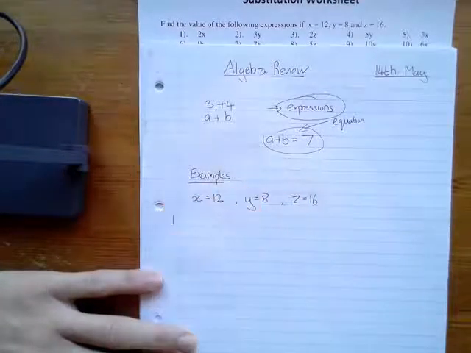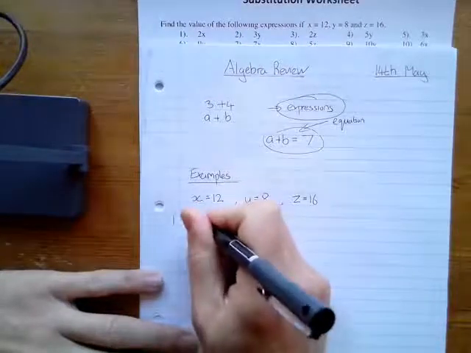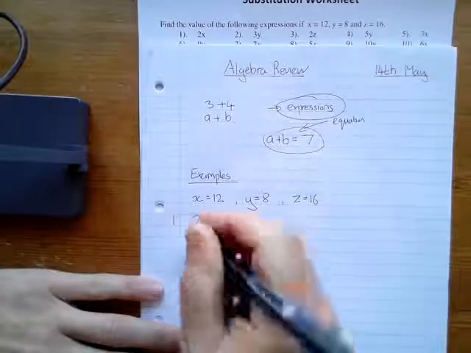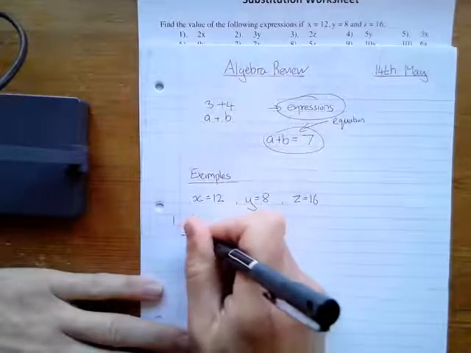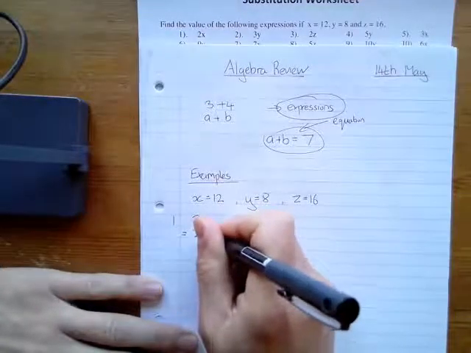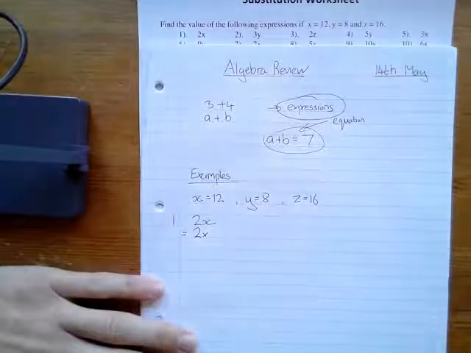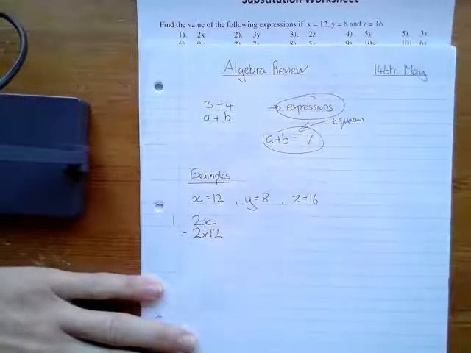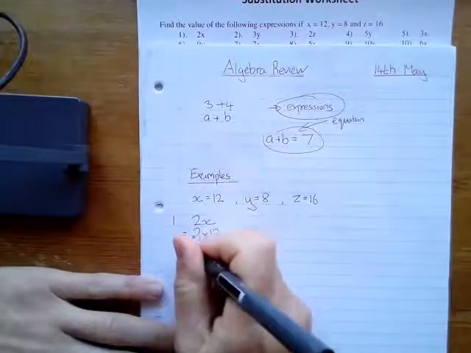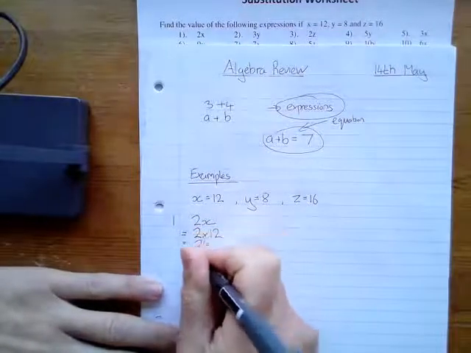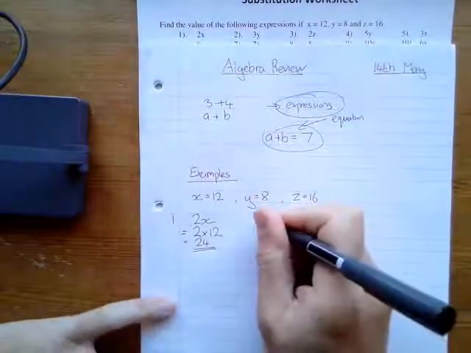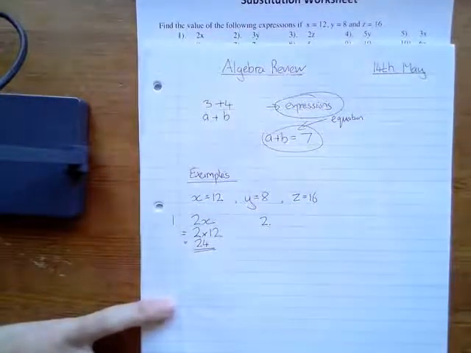So question 1, here we go. 2x. Well, 2x means 2 times x, so it's going to be 2 times whatever x is, which is 12. So it's 2 times 12, which is 24. Incidentally, if you are able, I would like you to try and do these questions without using a calculator.